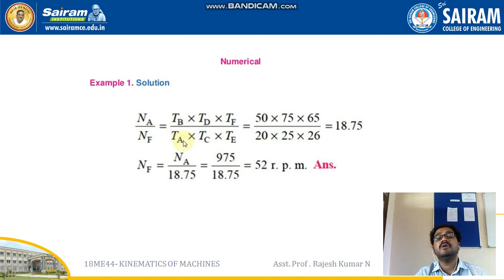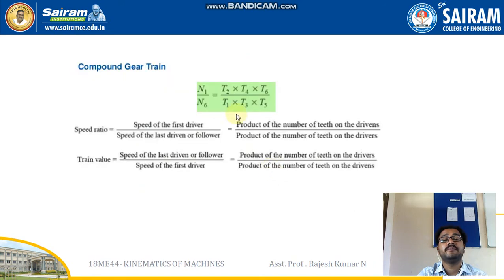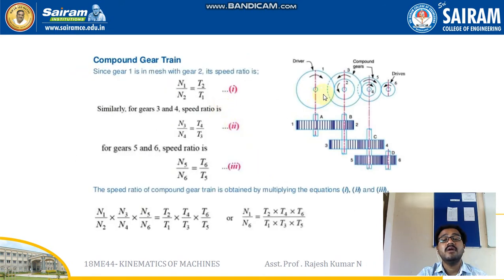When you are solving, if you are not comfortable with A, B, C, D, you can follow this method: wherever the gears are given, replace them with 1, 2, 3, 4, 5, 6, 7, 8 and so on, so that it is easy to identify which are even and which are odd numbers.